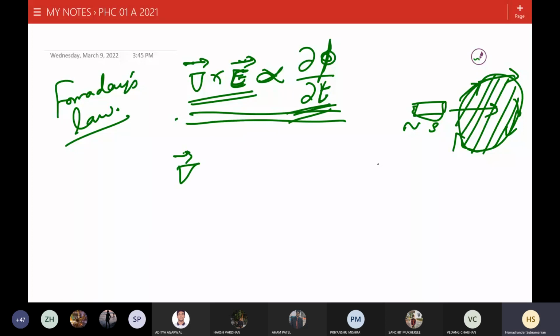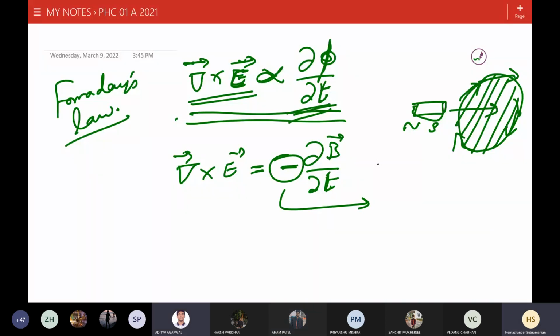Now, curl E is minus dou B by dou t. What is this minus? You guys have studied that. Lenz's law. Exactly, it indicates the opposite direction to the change. When the magnetic field through a coil changes, the induced effect tries to oppose the change.